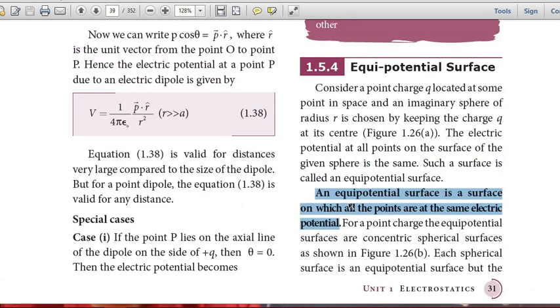This is an important 2 mark question, children. Please note it down. An equipotential surface is a surface on which all the points are at the same electric potential.